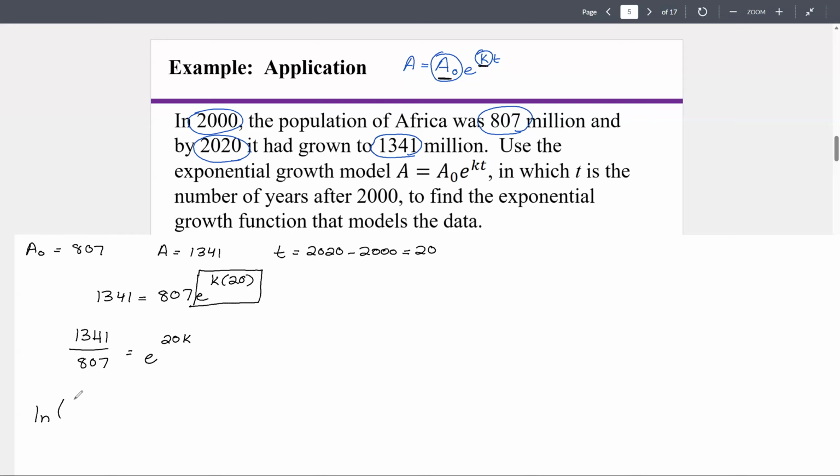Now, if I take the natural log of both sides, remember that if I take the natural log of e to a power b, then b is just left behind.